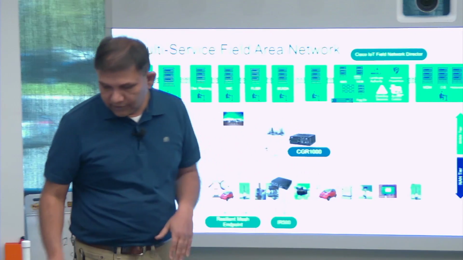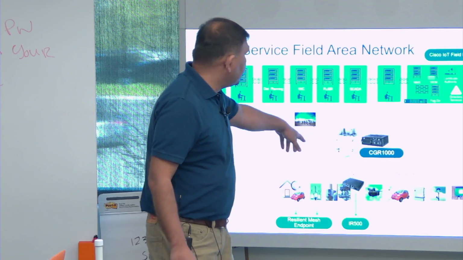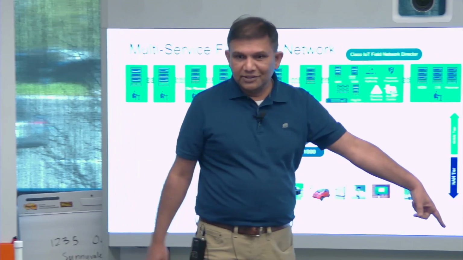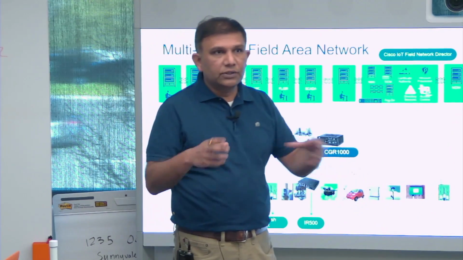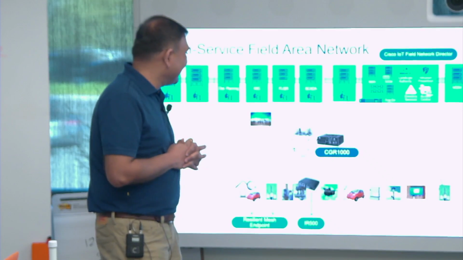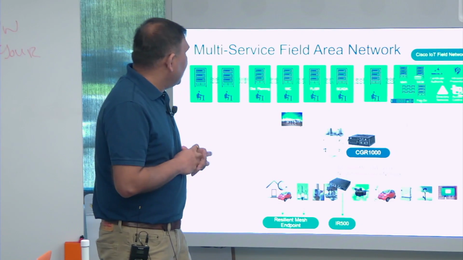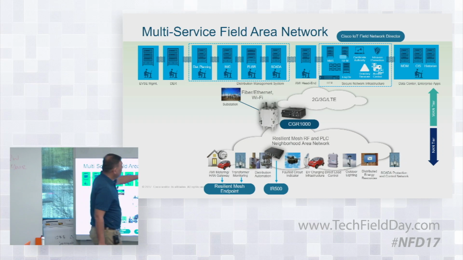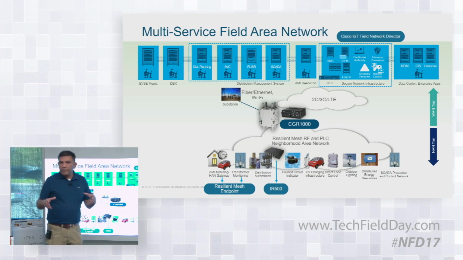We'll get there. But just to finish up here, there's a smaller cousin of this, the CGR 1120, which has 2 slots. Did you already mention Field Network Director? Yeah, so the Field Network Director is the management solution.